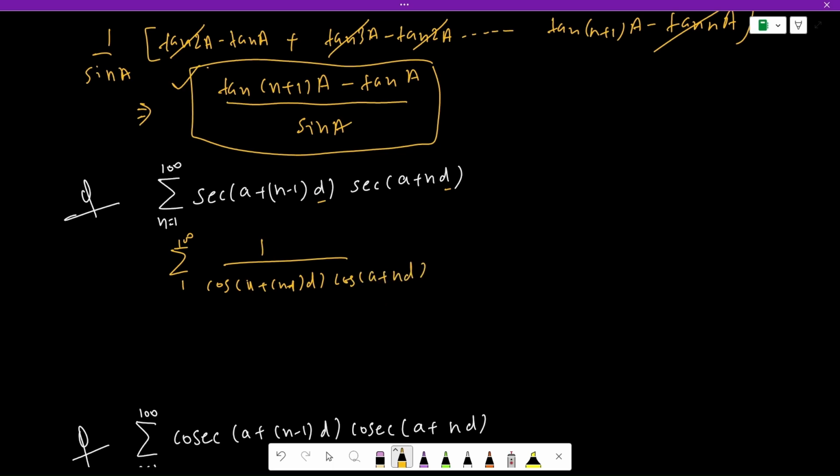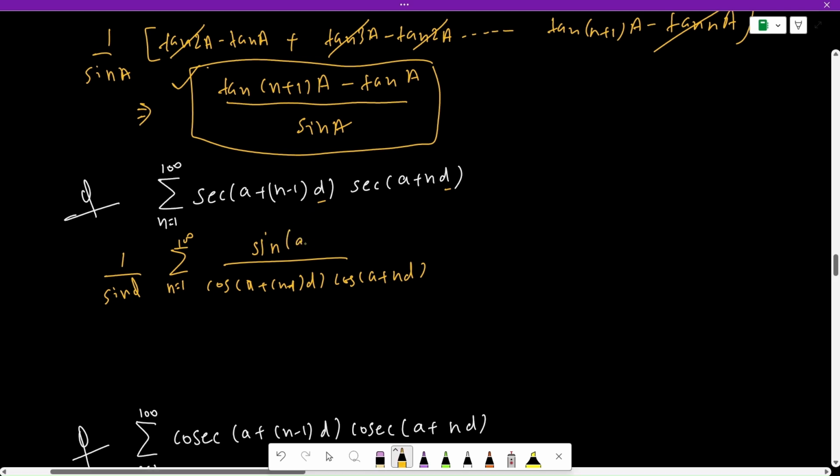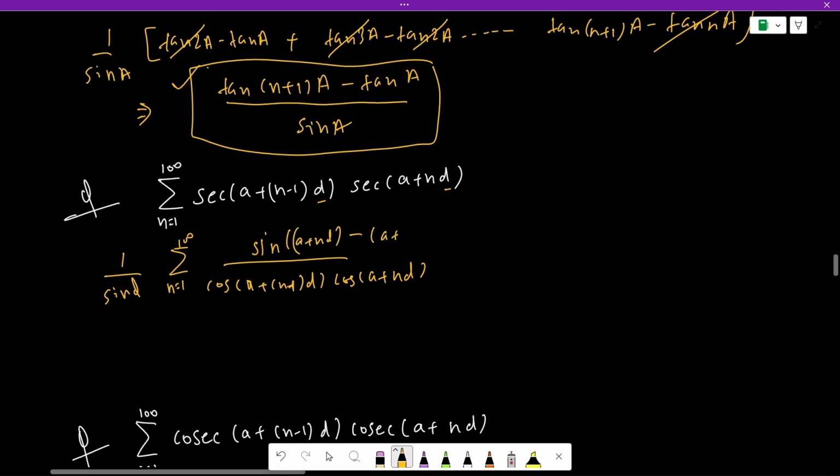Now what is the difference we have? The difference is d. So we will create here sin d and 1 by sin d. Now d is constant here and n is the variable. Then we will write d as (a plus nd) minus (a plus (n minus 1)d), right?